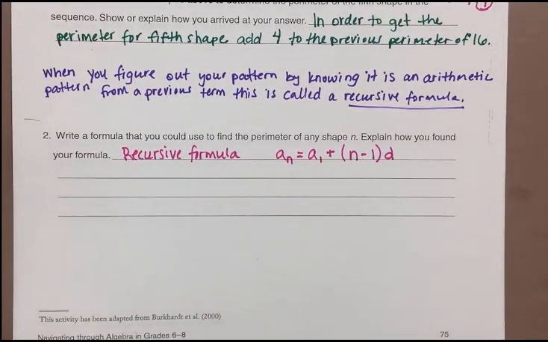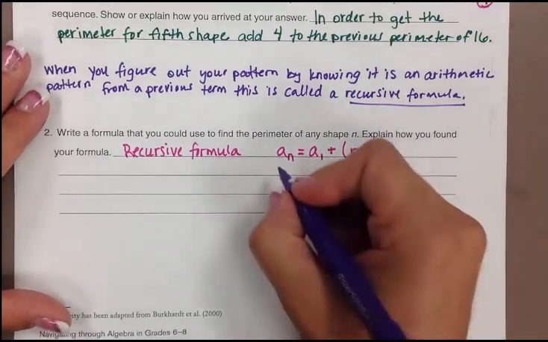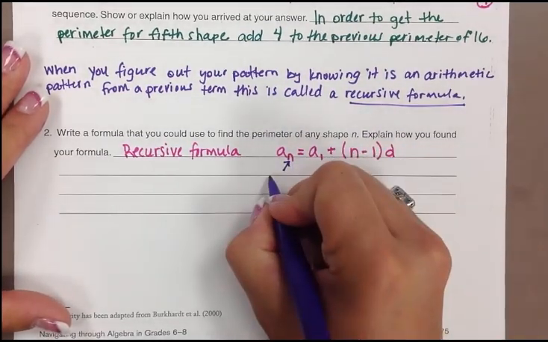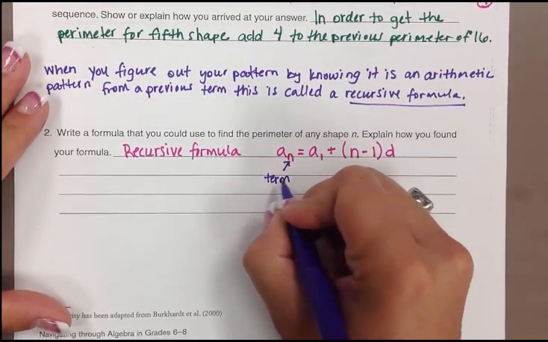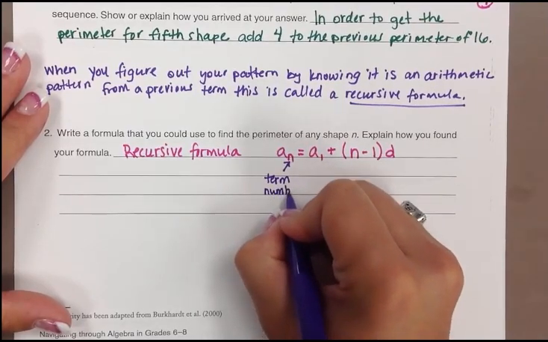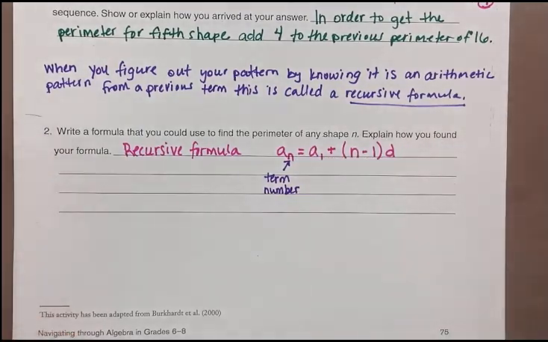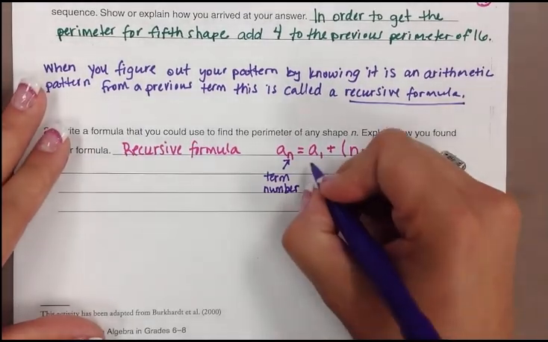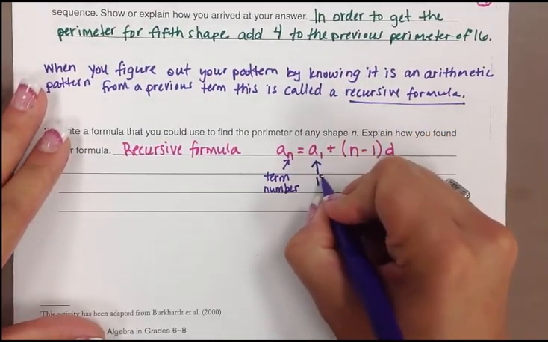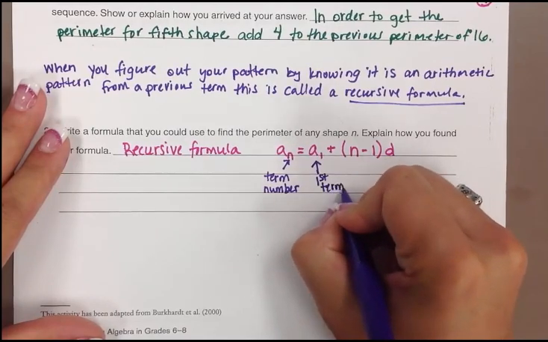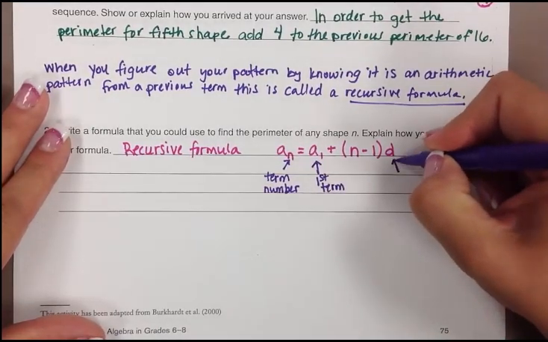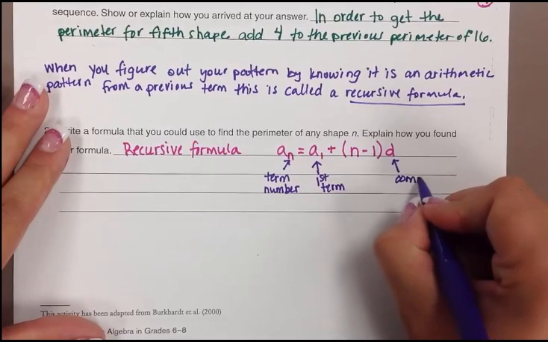To explain what each of these terms are, n we know is our term number. For example, if we want to know shape 6, then we would have a sub 6. A sub 1 is our first term, and d is our common difference.